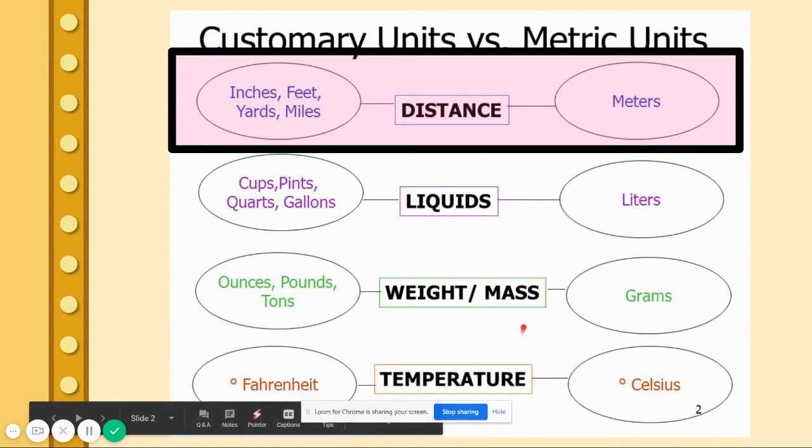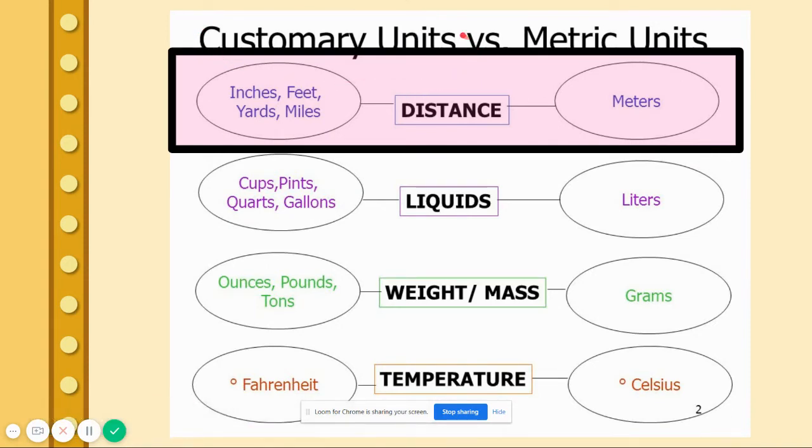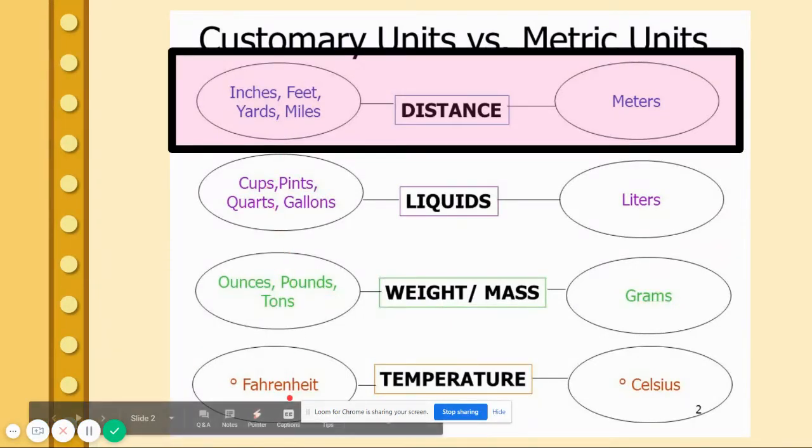If you notice, there are 2 types of measurement units. We have what is a customary unit. We studied this in class already this year. Customary units of measurement are used in America. We talk about words such as inches, feet, yards, miles, cups, pints, quarts, gallons, ounces, pounds, and Fahrenheit temperature.